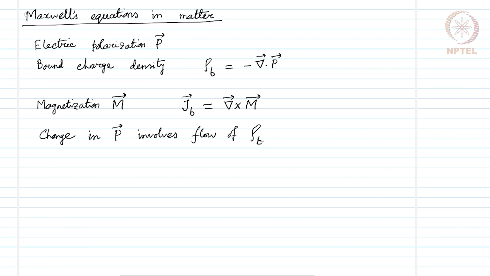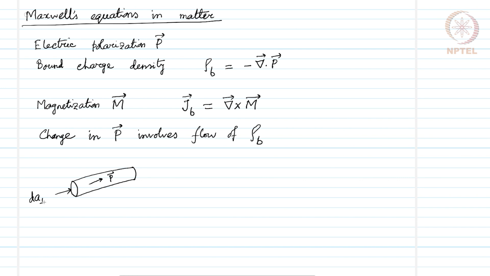So, let us consider a small tiny chunk of polarized material like this. Here is an exposed area, there is another exposed area, and let us consider the polarization vector in this direction, and let this be the direction of the perpendicular area.